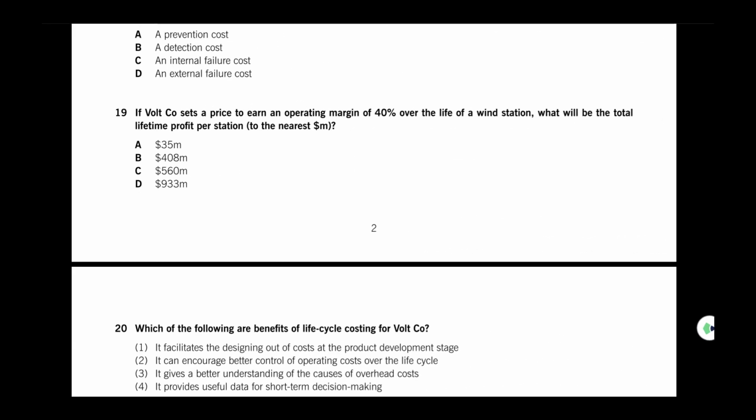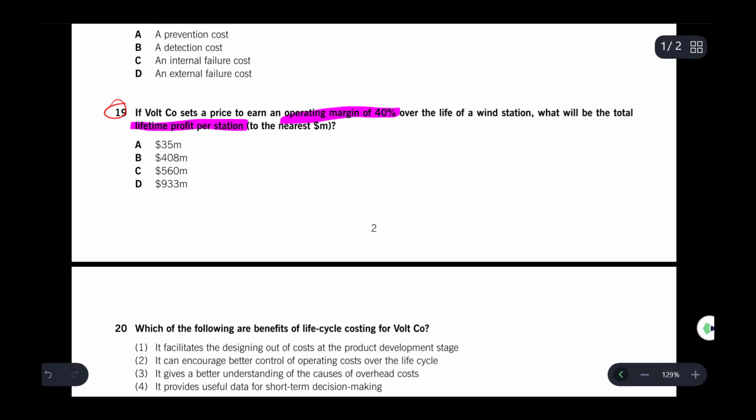Let's end the scenario, guys, with question 19, another mathematical exercise. If Volt uses a margin of 40% to set their selling price, what's the total lifetime profit per station? So we need to get the revenue, then we get the costs, then we can get the profit.